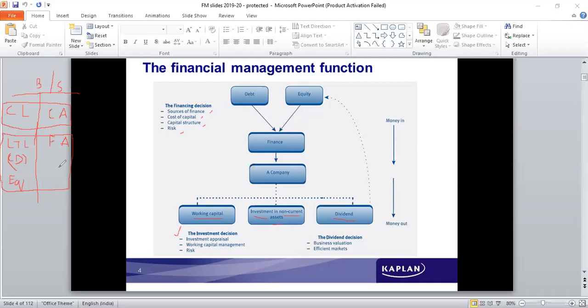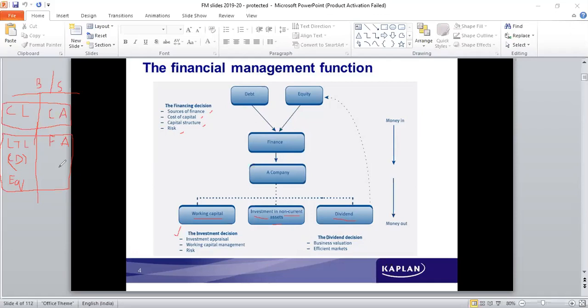They enable the payment or discharging of the current liabilities on the due date. Plus, they also help in meeting the operating expenses, the day-to-day activities of the business. The expenses can be paid out of current assets. So there is a decision related to current assets versus fixed assets. Then current liabilities and long-term liabilities.